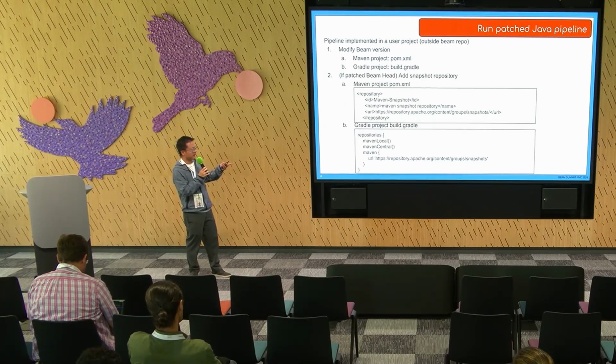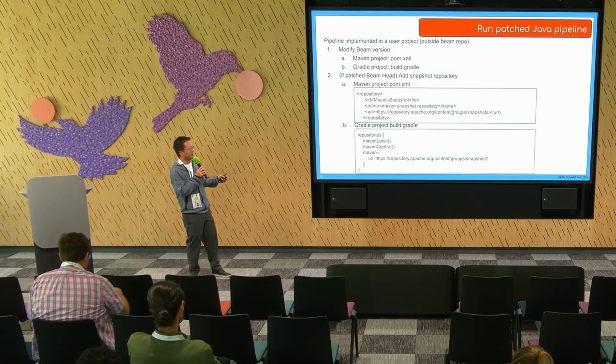The snapshot is a Beam snapshot we publish, built nightly on Beam master, Beam head. This makes life a little bit more convenient because you only need to build your sub-project of Beam. For example, if you change the I/O, you only need to build that I/O module into your Maven local and do not need to build the whole Beam.